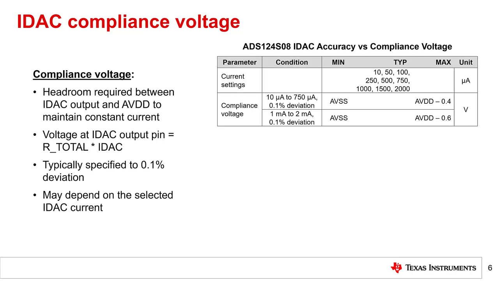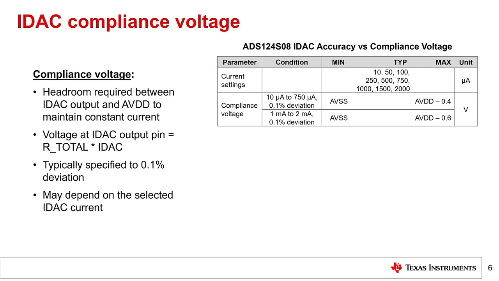For example, the ADS124S08, a 24-bit low-power Delta Sigma ADC, has two well-matched current sources integrated into the device. This ADC acts as a complete RTD measurement system, including the biasing circuitry. The ADS124S08 IDAC specifications are shown in the table on the top right.